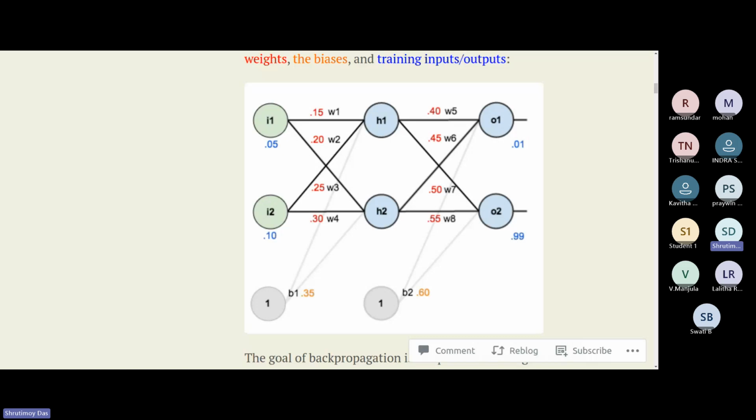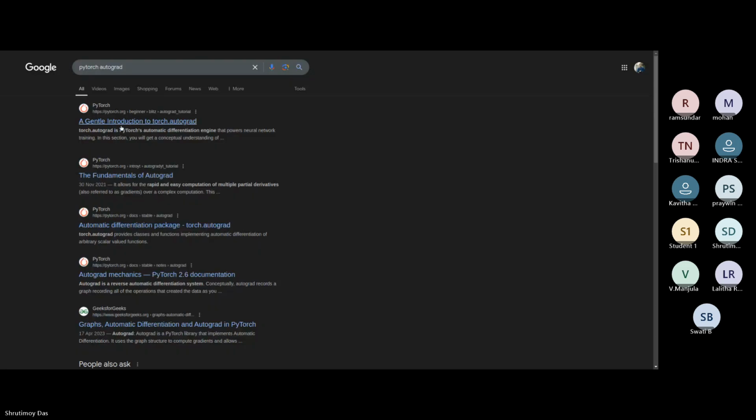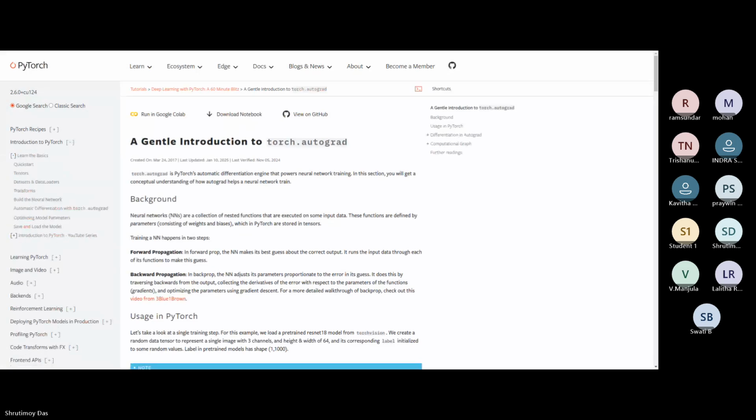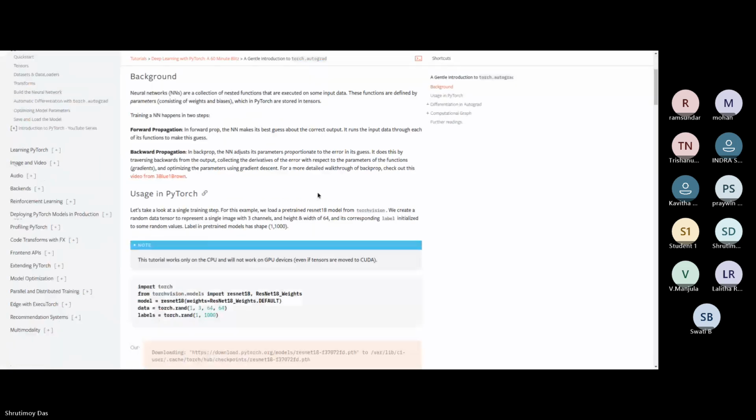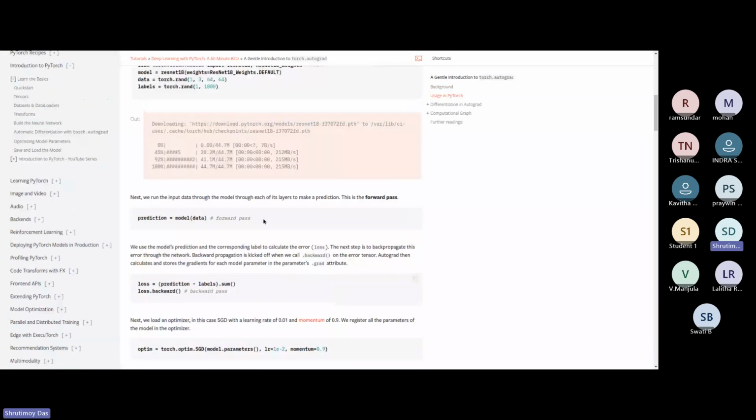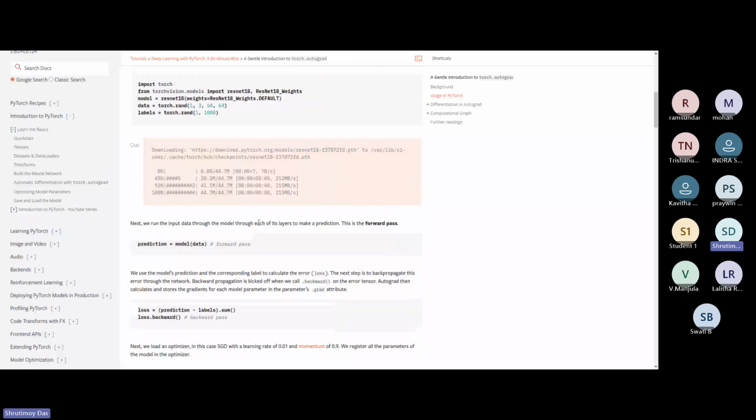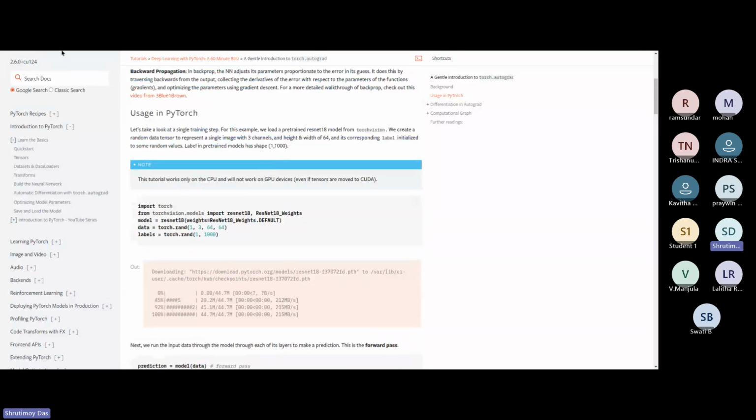So let me show you. If you're writing code in PyTorch in the future, it is very easy. If you know Python, you can learn PyTorch, and they also have tutorials on their website.